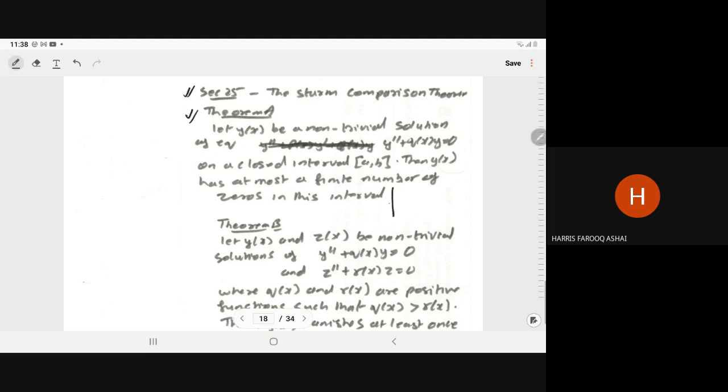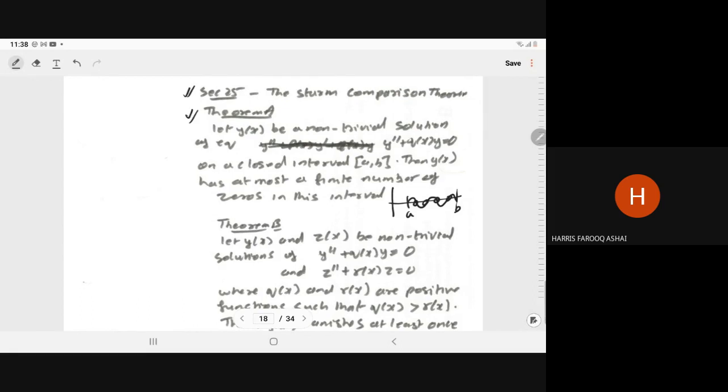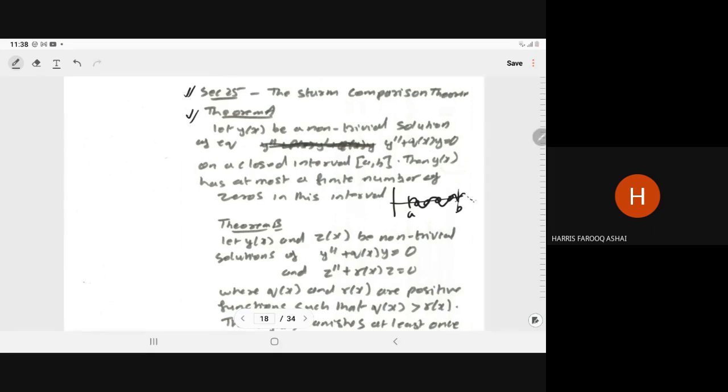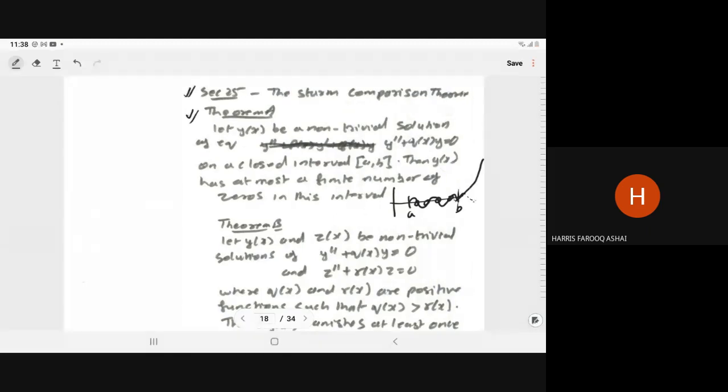This means under any interval a to b, we always have a finite number of zeros. After that, it may have an infinite number of zeros, or it may have a finite number of zeros. But between the finite interval, we always have a finite number of zeros.